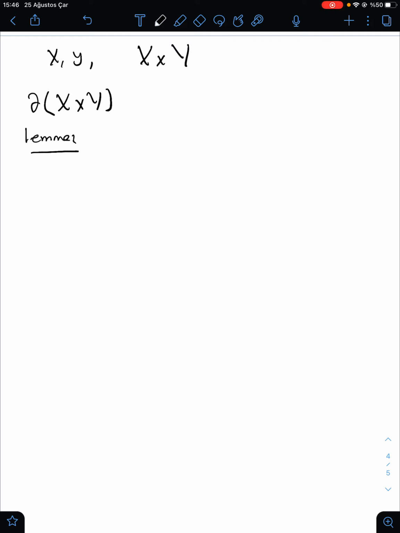a little lemma. So you have X and Y, and you have a picture of it like this: X is here, from this to this, and from that to there, you have Y. You take the complement in the spaces.